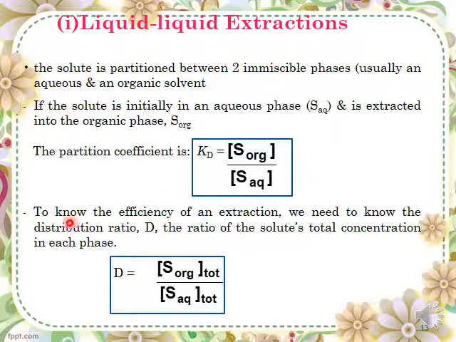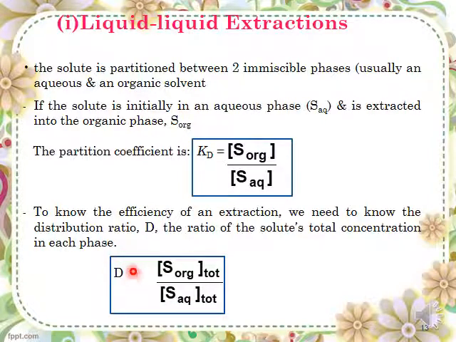To know the efficiency of extraction, whether it's 100% efficient or not, we need to know the distribution ratio, D, which is the ratio of the solute total concentration in the organic phase and the solute total concentration in the aqueous phase.